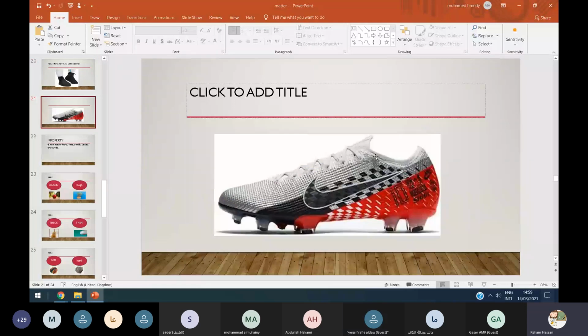Yeah, these shoes help me to play well. Yes. So these shoes have some properties for playing football. So what do these shoes have? A big mouth and space. Yeah, these shoes have properties suitable or acceptable for football.